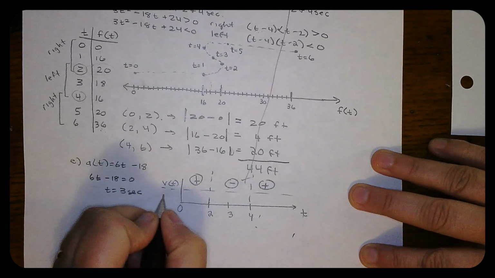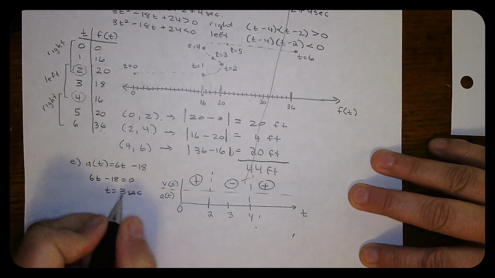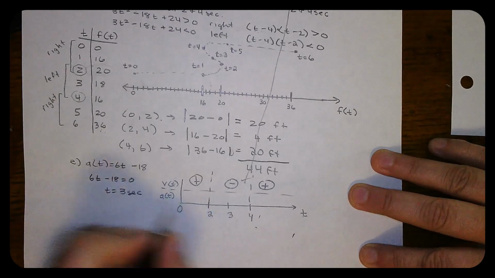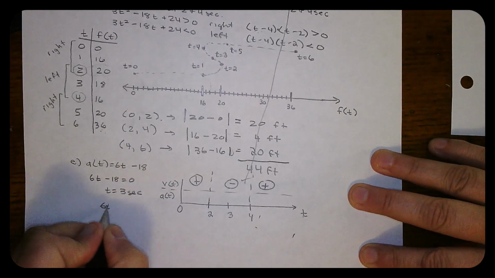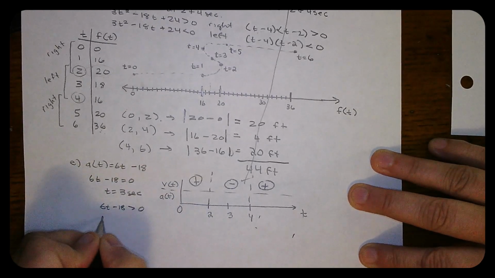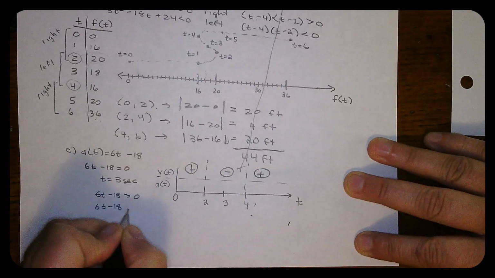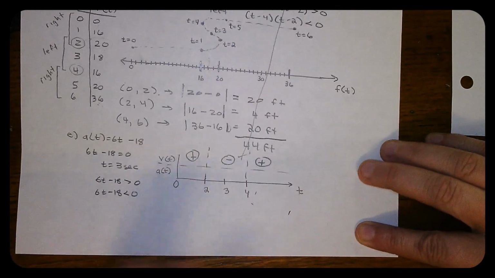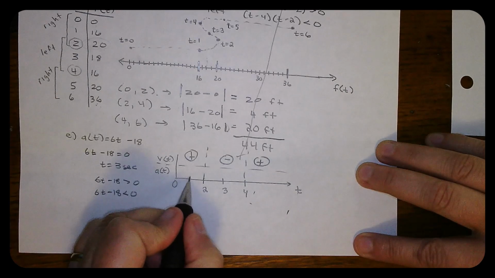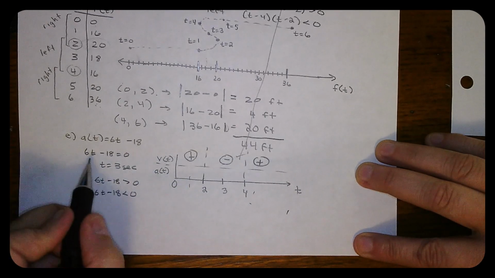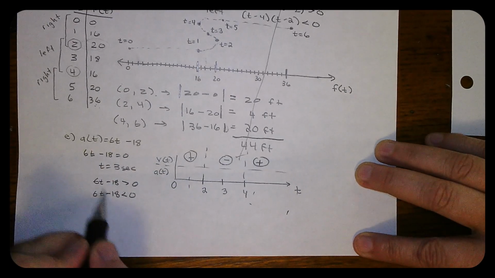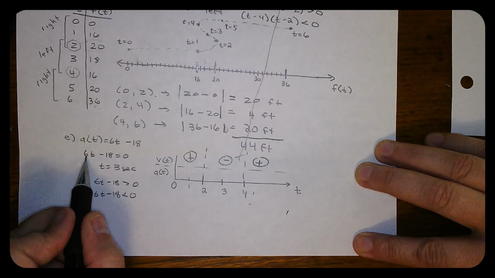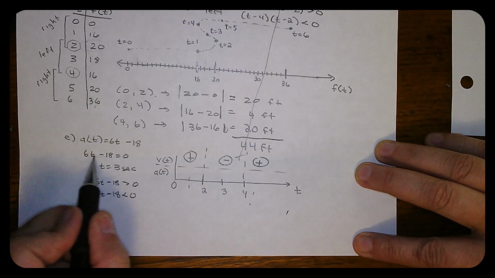Okay, now the acceleration, again, what we're doing is we're just going to pick a number and see when 6t minus 18 is greater than 0 and when it is less than 0. So I don't normally write that down, but that's what we're doing. So I'm just going to plug in 1. And so when I put 1 in anywhere of these, I just analyze it. 6 times 1 is 6, take away 18.